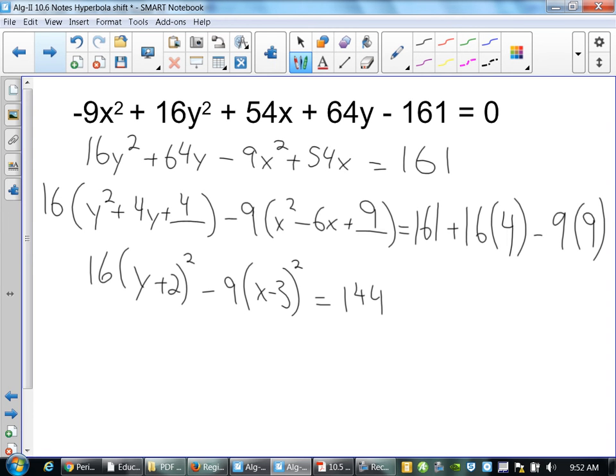If you divide everything by the 144, I do believe you wind up with some clean a squareds and b squareds. Sorry, I didn't mean to get too far ahead of you.